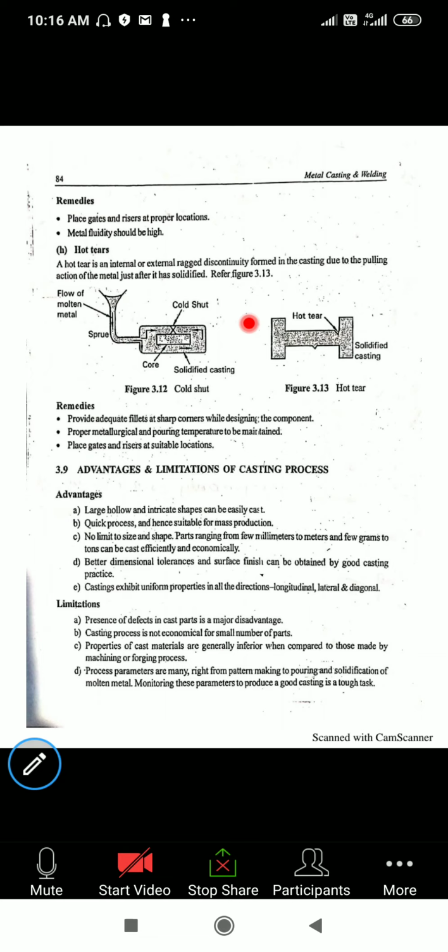These are some of the defects we are going to study, the causes and the remedies regarding these defects, how to clean and clear the defects.